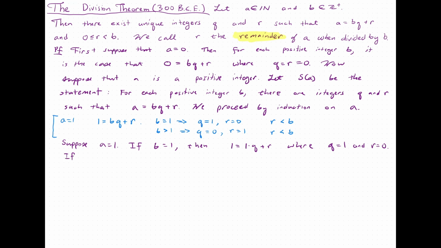And so now if b is greater than 1, then 1 is equal to, now we're going to write b times q plus r, where now we take q to be 0 and r to be equal to 1. And so we're done.